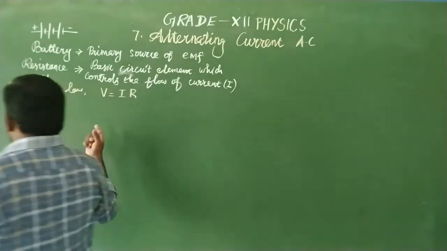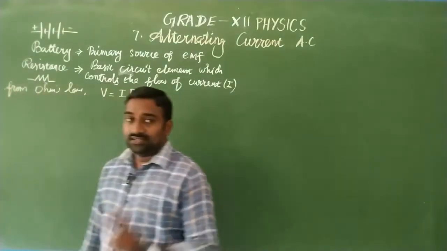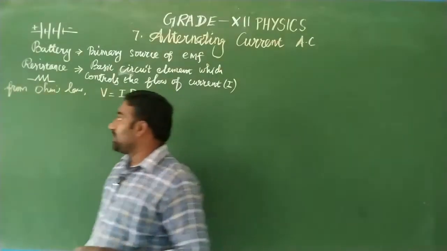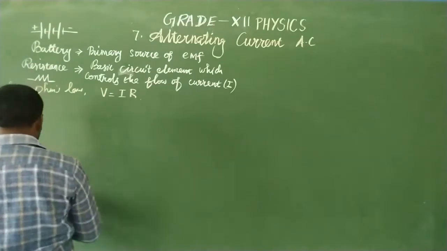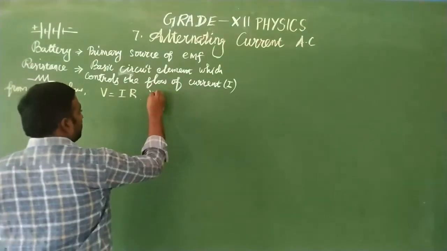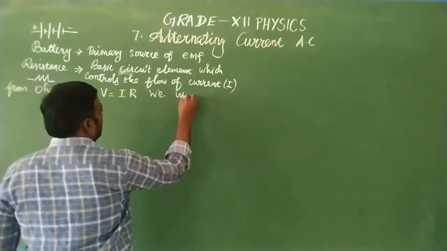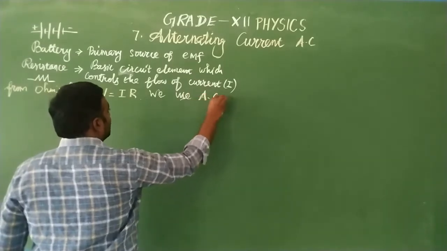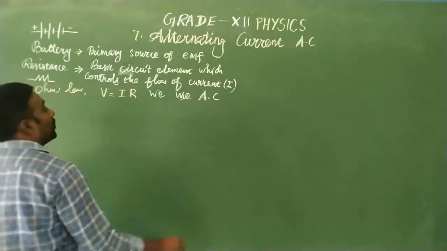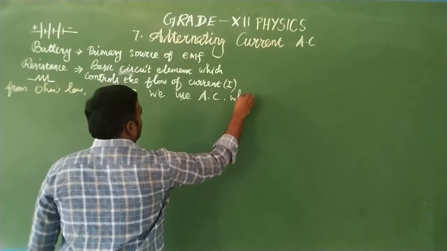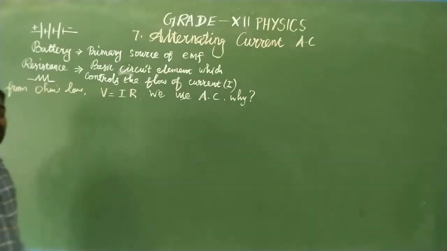So why do we use alternating current? There are two important advantages. We, meaning the entire world, use alternating current. Why? Two important reasons for using alternating current.